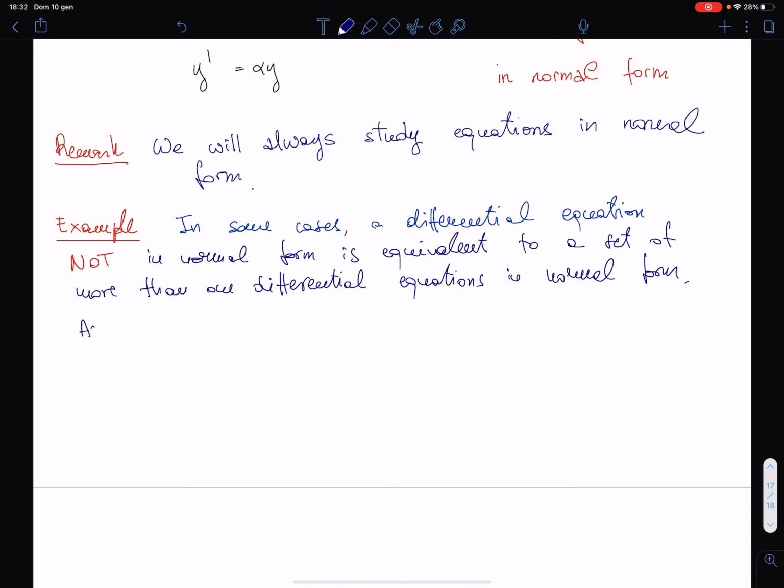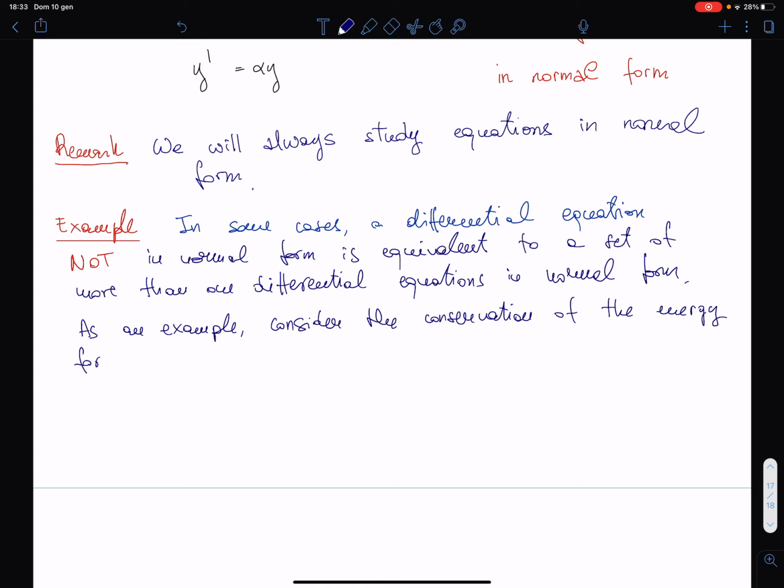As an example, consider the conservation law, the conservation of the energy, for the harmonic oscillator. It's a one-dimensional harmonic oscillator.